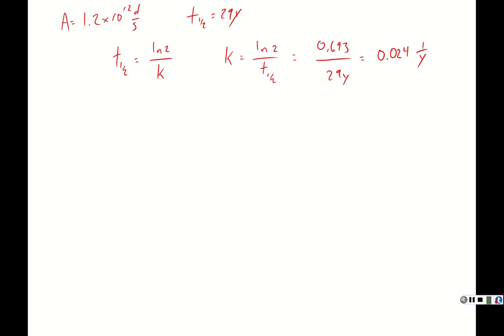Okay, so next, let us use our equation, ln of N at time t over N at 0 equals ln of A0 over At equals negative Kt.